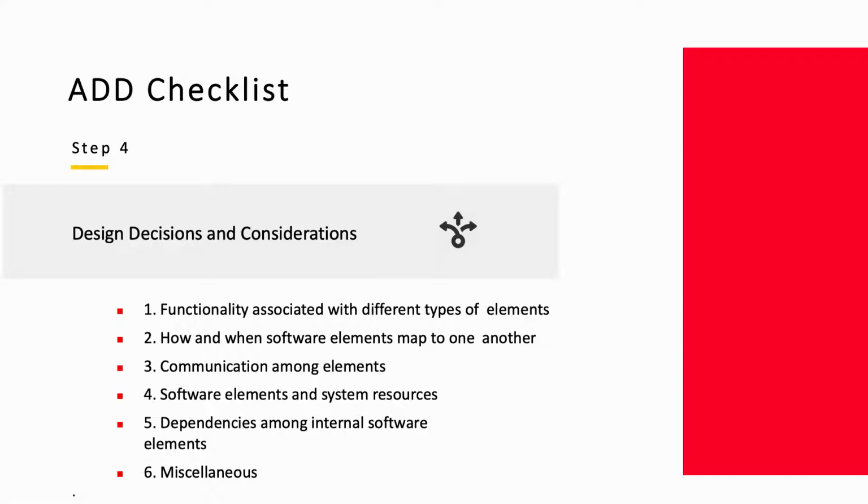In step 4, the design decisions are where you build the functionality associated with different types of elements. When we talk about elements, it can be something very simple. It can be a custom module that you're downloading from the open source community, or some extra process that you have on your server to do something.